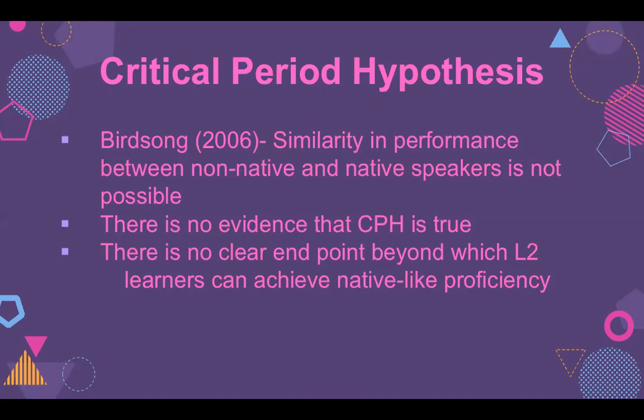So really what came out of all of this research is a conclusion that there's no good evidence that CPH is true, and there's no clear time period that's ever been identified or upheld as being the prime time to learn a language. Although we might think, as current researchers, that native-like proficiency is more possible when individuals start young, there's no specific age range that's ever been agreed upon, and I don't think there ever will be.